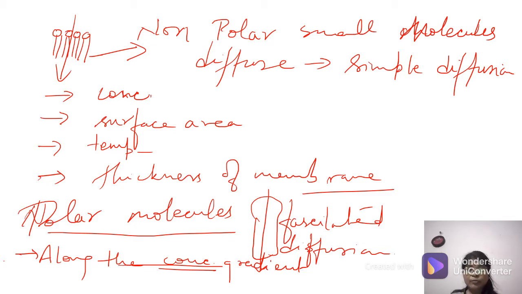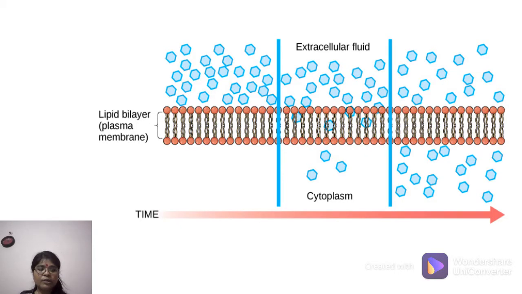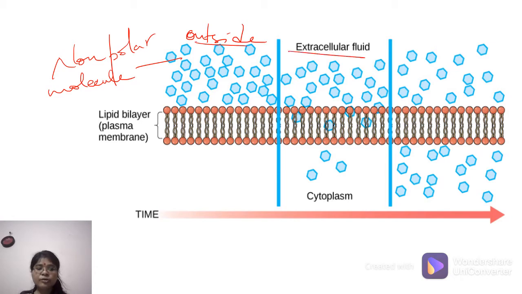So let's now move on. As you can see here, this is a non-polar molecule, and this is outside of the cell, written as extracellular fluid, and this is the cytoplasm, the inner part of the cell.